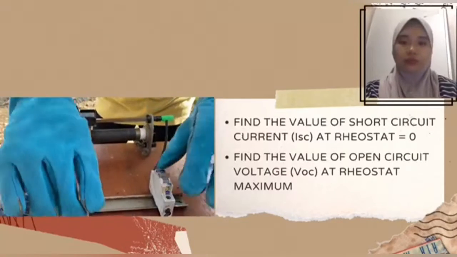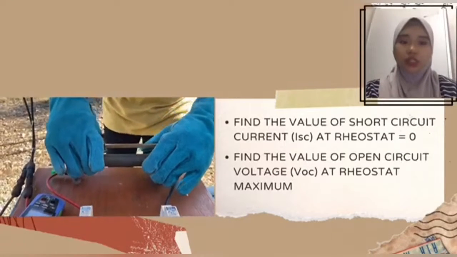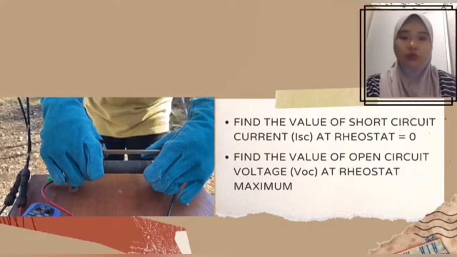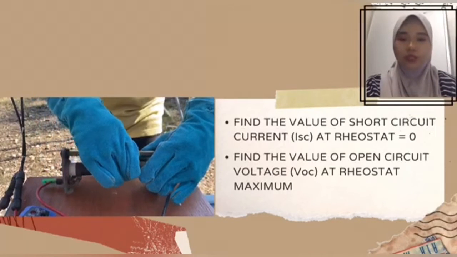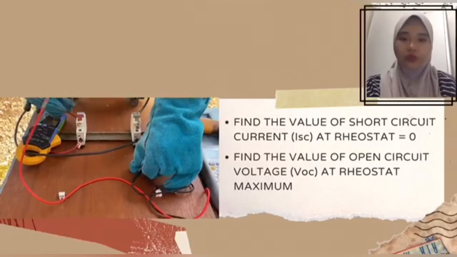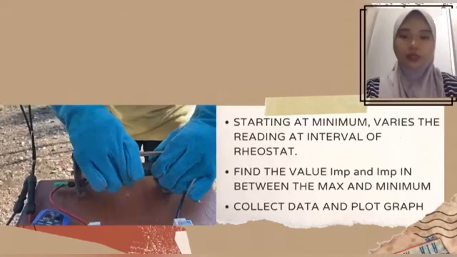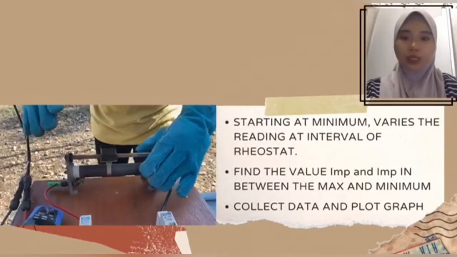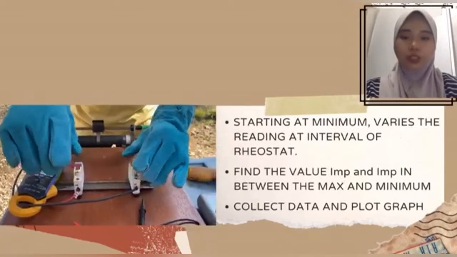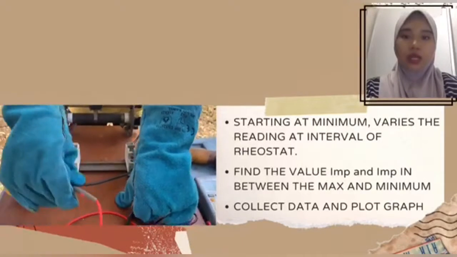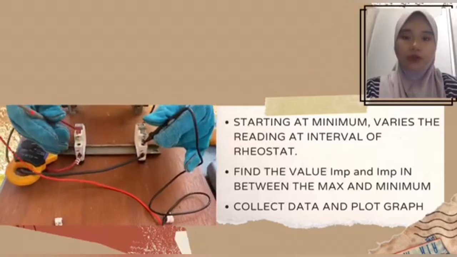And then, after finding the short circuit current, we find the value of the open circuit voltage where the rheostat is at maximum. Next, we determine the interval readings between the minimum and maximum, and we find IMP and VMP.